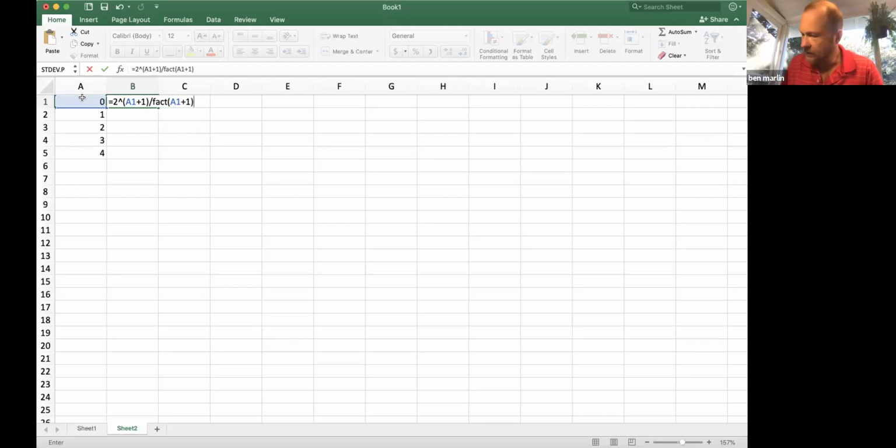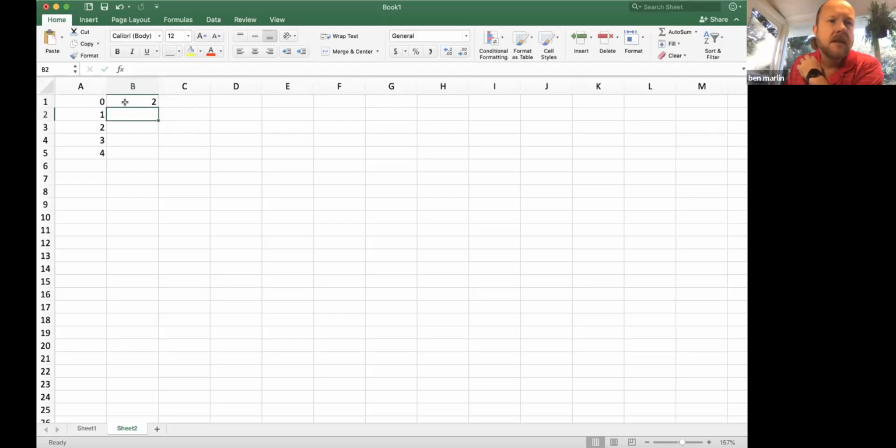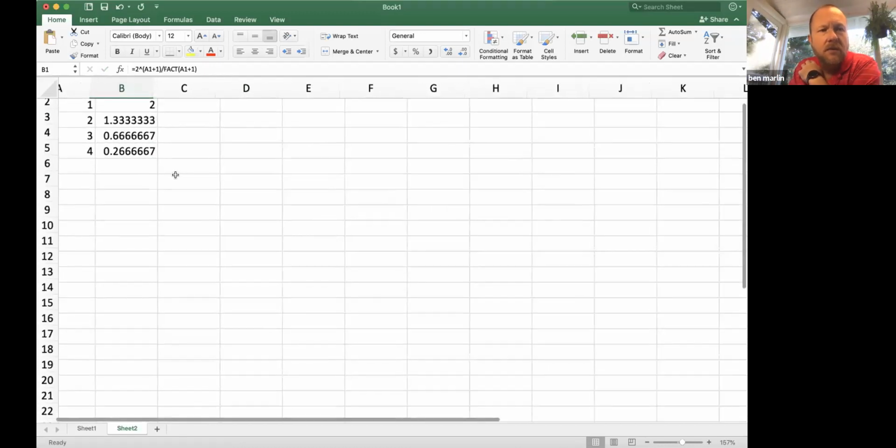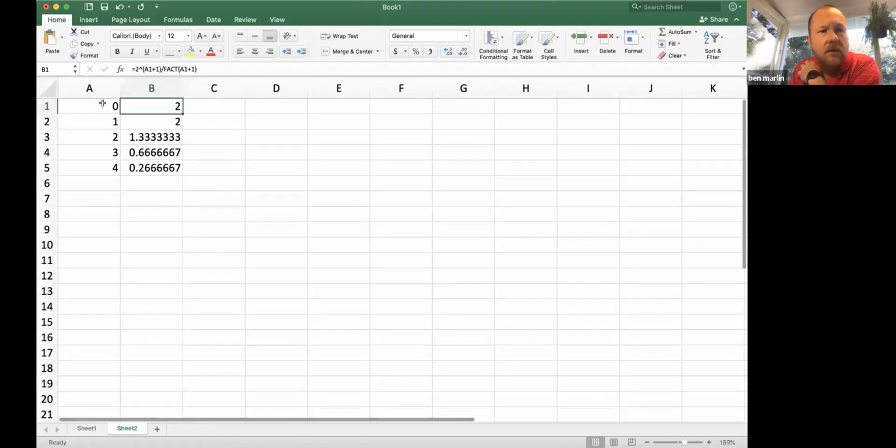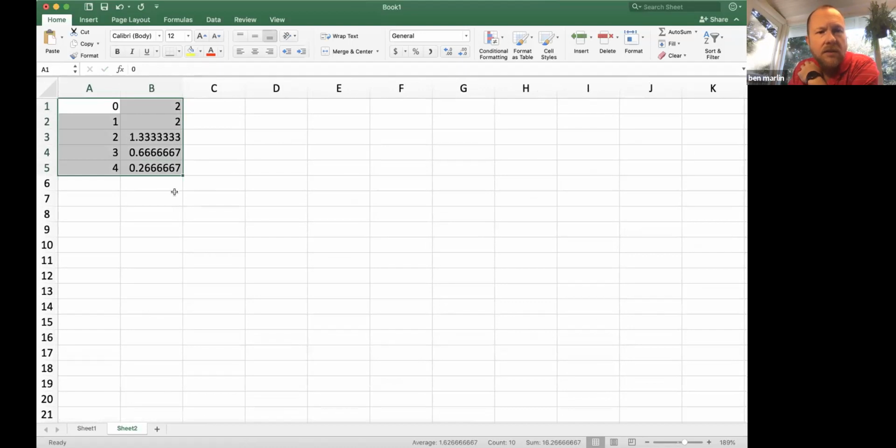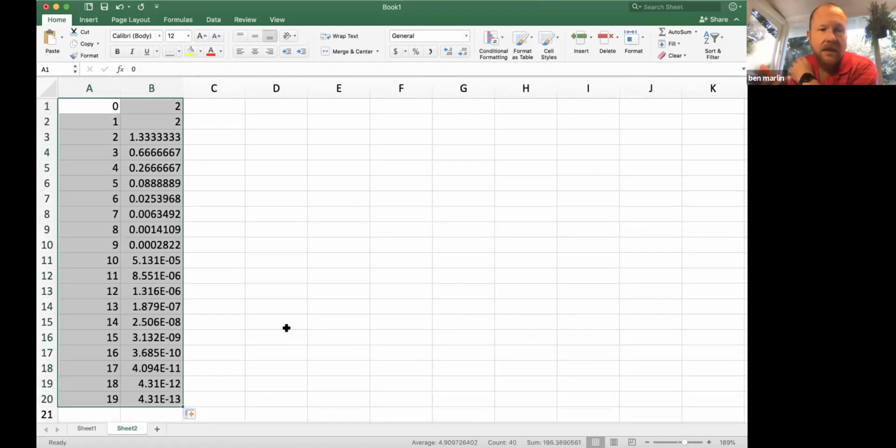Close parentheses, and I hit enter. I'm just going to copy that down positionally, and you can see that it goes 2, 2, and so on and so forth. Because I want to continue that pattern a long time, I'll pull this down and tell it to continue down there 20 places.